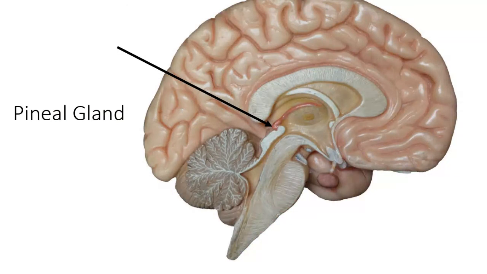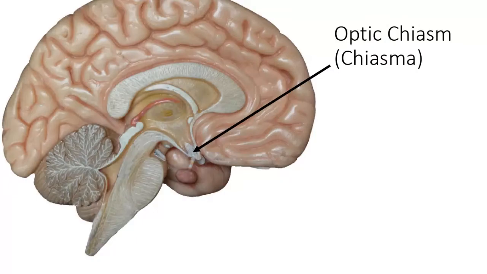So if we're still thinking that this structure looks like a duck and the duck's bill here on the front, you've got a structure there that has to do with vision, and that's called the optic chiasm. Basically, you have an optic nerve that travels from the eye, one for the right eye, one for the left eye.